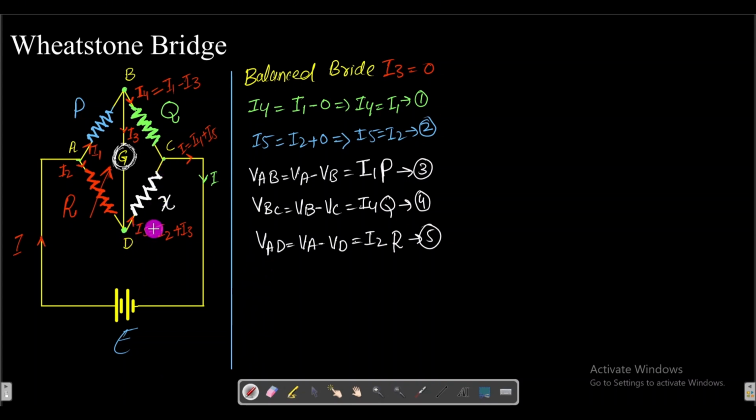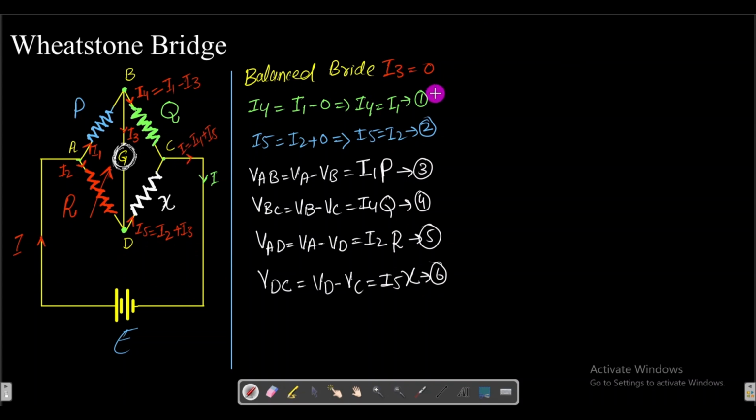And do the same operation for the last part of this bridge. So here VDC is equal to VD minus VC, which is equal to the current I5 times the resistor X, and this is equation 6.